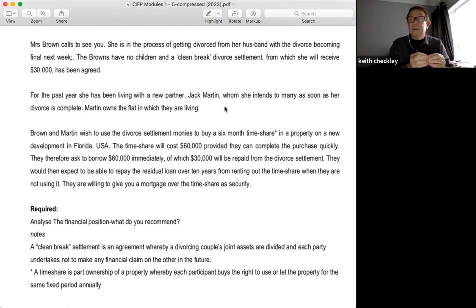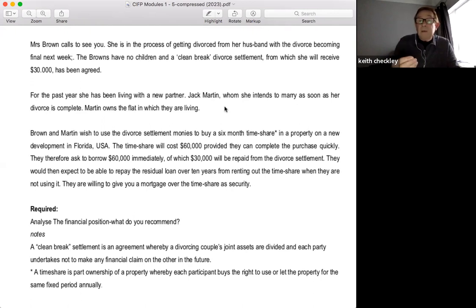And what they're doing is they're making this assumption straight away: oh, we're going to get the 30, we could get 60 from the bank, so we can make this quick purchase of a timeshare. So I think in this case, we've got to slow the thing down. And I think, again, under the relationship skills, if Jane Brown comes in to see you, she's going to be absolutely full of enthusiasm, isn't she?